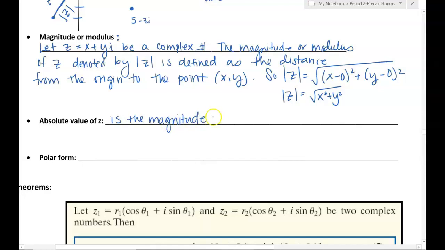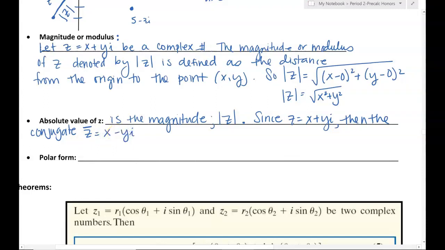Okay, and as you know, we use this to represent the magnitude. Since z equals x plus yi, then the conjugate. In your book, we use the z with the bar on top to represent the conjugate, and the conjugate is when we change the sign right in the middle.